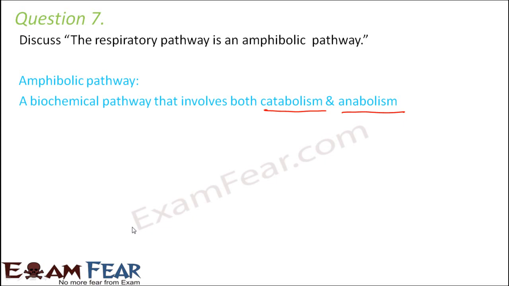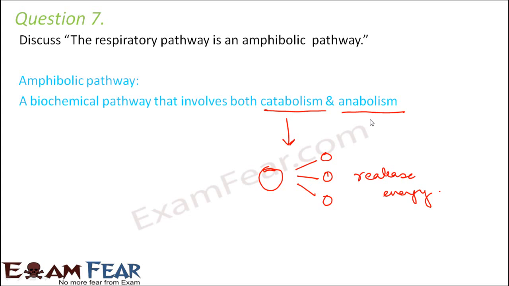Now what is catabolism and anabolism? When I talk about catabolism, it means a bigger, more complex molecule breaking down into smaller molecules and releasing a lot of energy. That is catabolism.